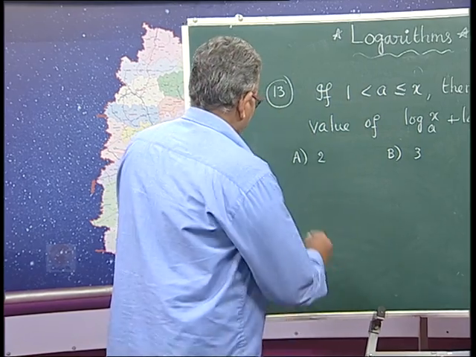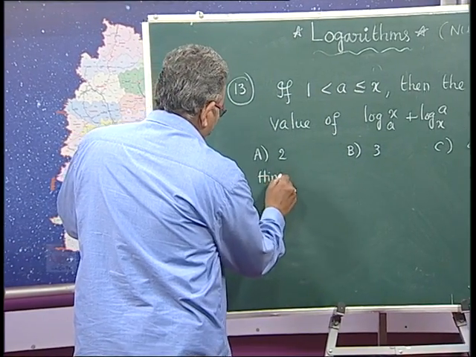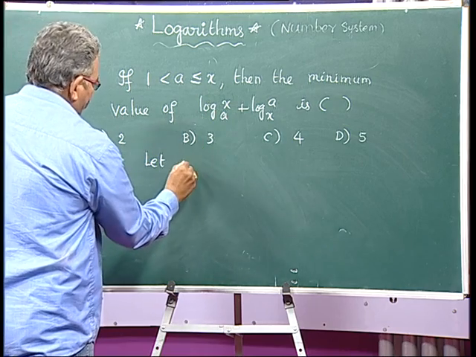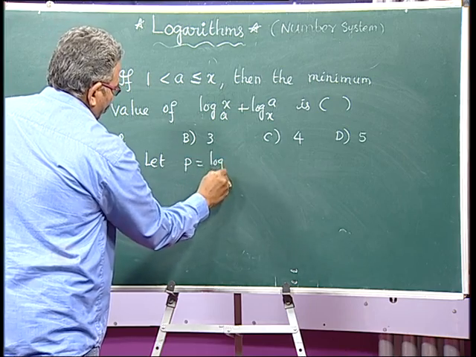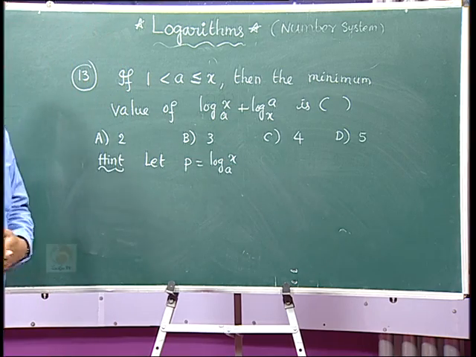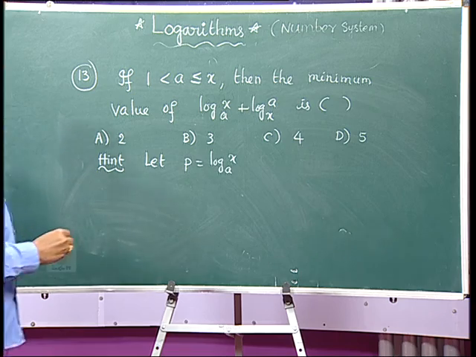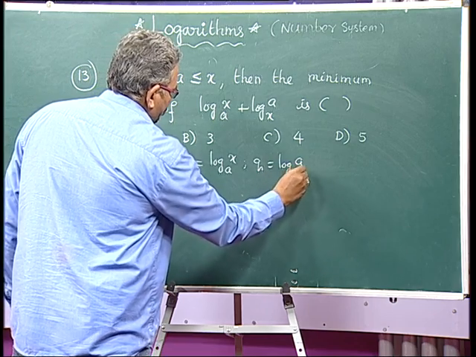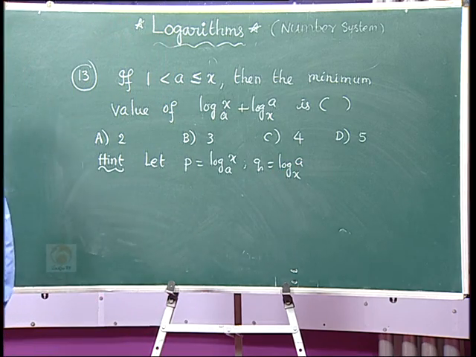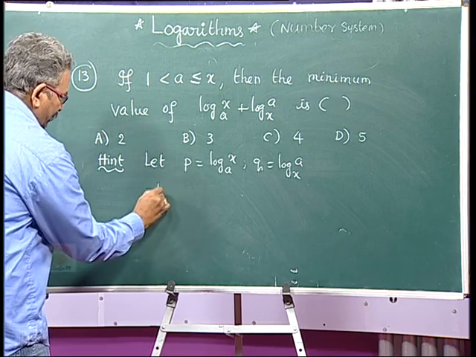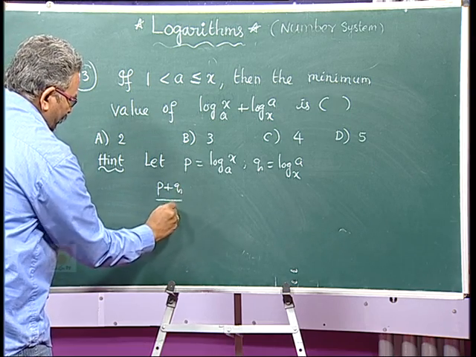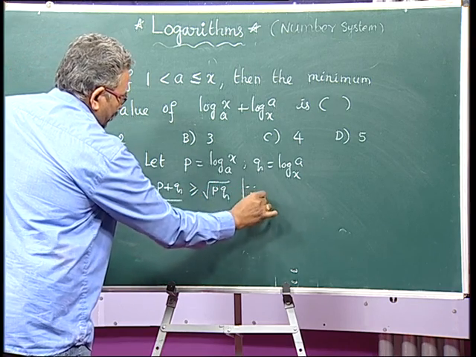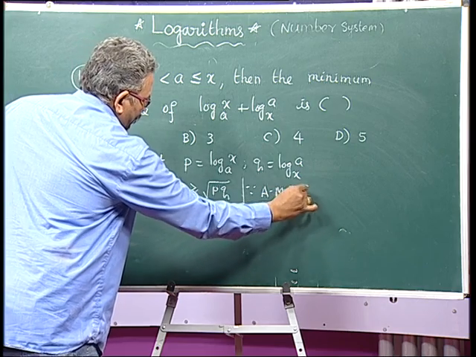Suppose here you see, let p is equal to log x to the base a, q is equal to log a to the base x. Now we can write (p plus q) by 2 is greater than or equal to root pq. This is arithmetic mean greater than or equal to geometric mean.